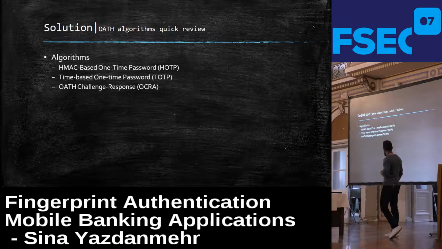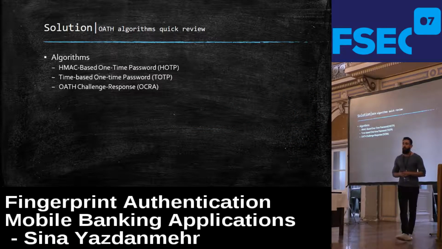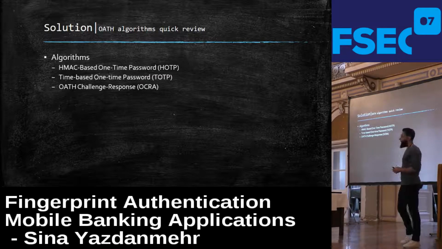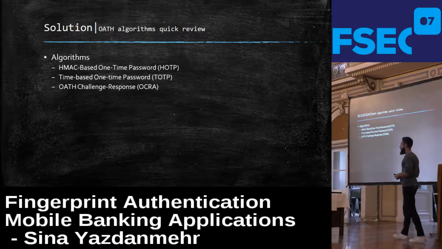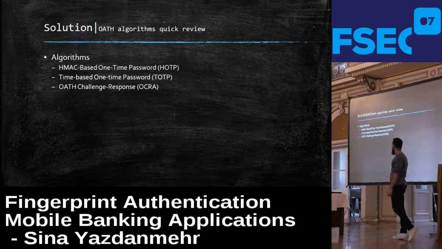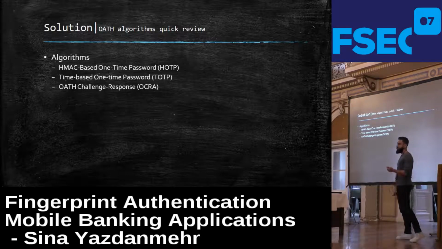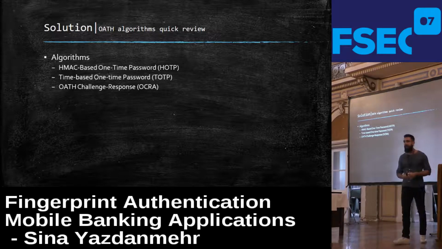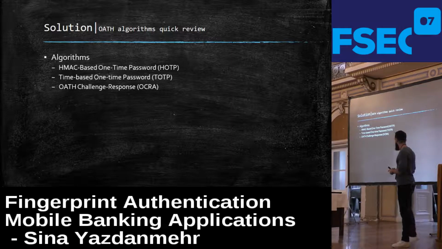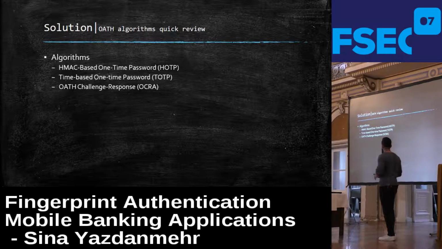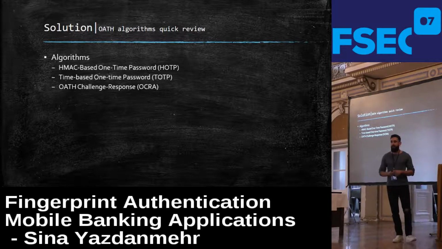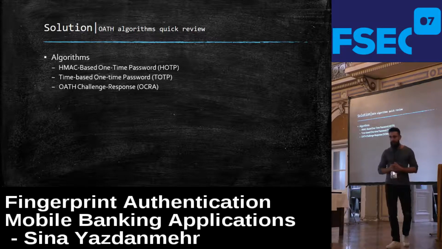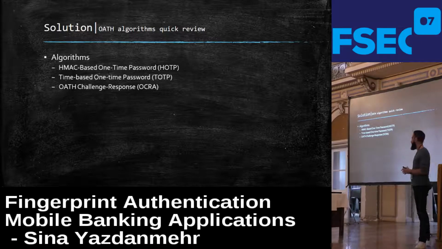Let's have a quick overview first of the OAuth algorithms which are used for generating the OTP. There are three famous algorithms: HMAC-based or time-based, which usually is used for login and based on some factors, or challenge response, which usually is used for MAC authentication and generating a response in order to sign a transaction.